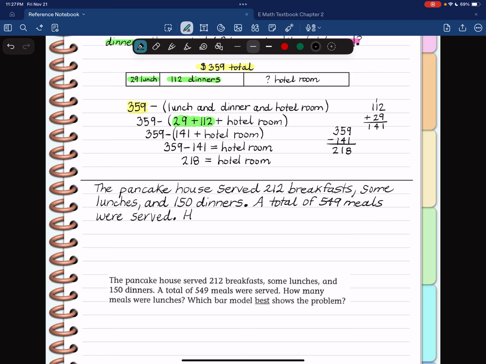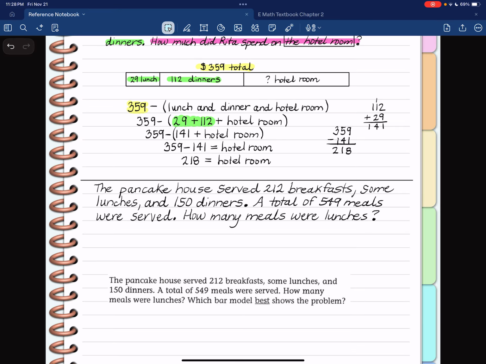How many meals were lunches? Question mark. And then they want us to pick which bar model best shows the problem, and we'll do that.